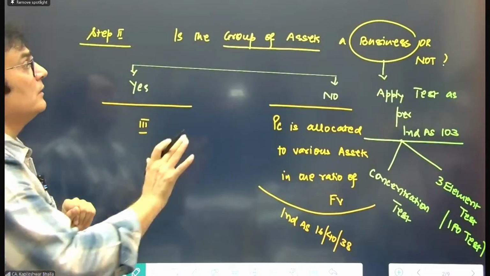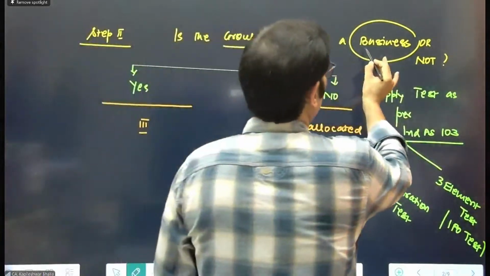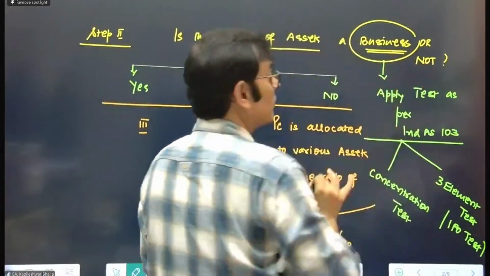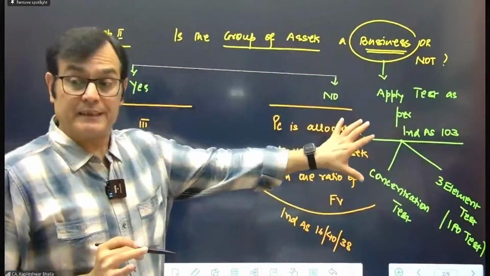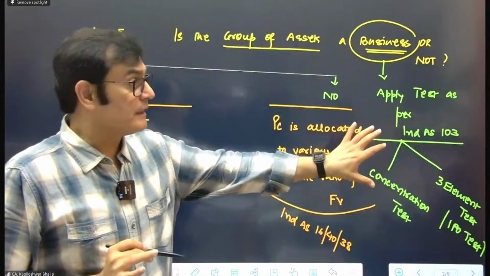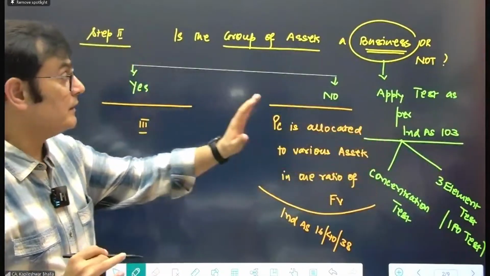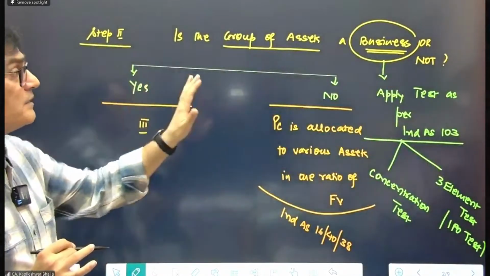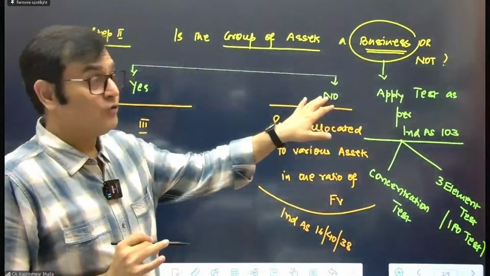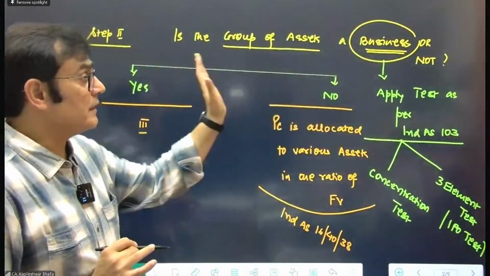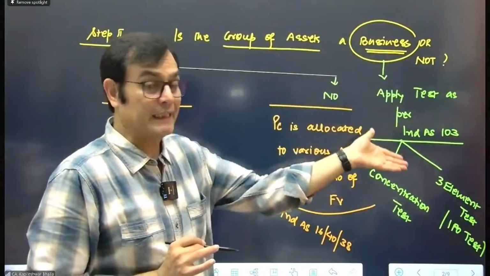You see, when you are deciding whether the group of assets is a business or not, apply these tests. Once you've applied these tests, you reach a conclusion: yes, it is a business; no, it is not a business. So the decision of this yes and no depends upon these tests.